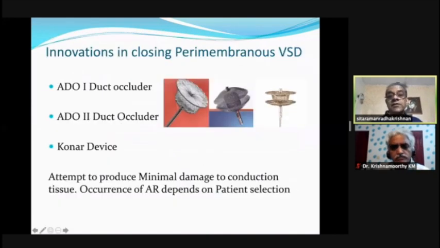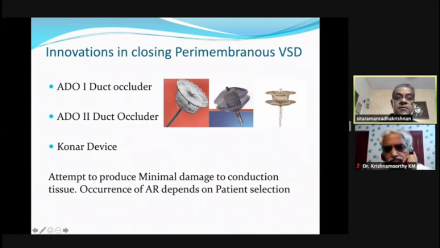So, if you look at these three devices, what I call innovations in closing perimembranous, the company people will never ever recommend you to do that, but it is being done worldwide. So, if you look at this, this is a PDA device, this is a PDA device, and this which has been recently introduced, what is known as the Konar device, they claim that it can be used for VSD closure also.